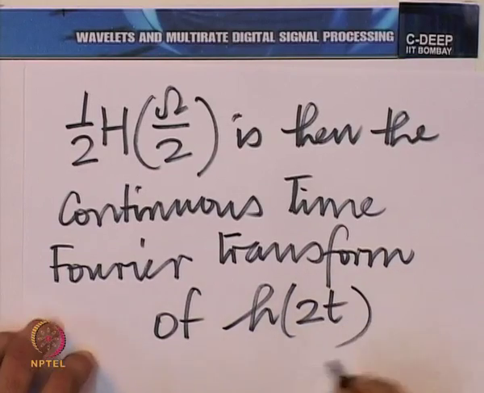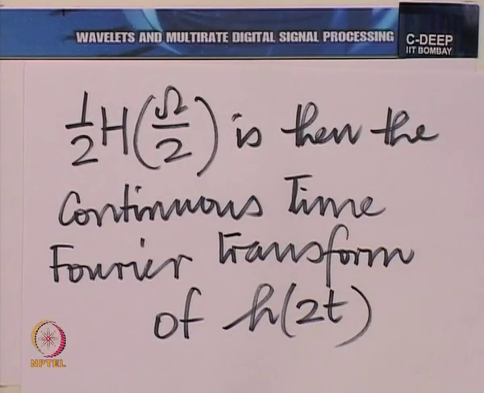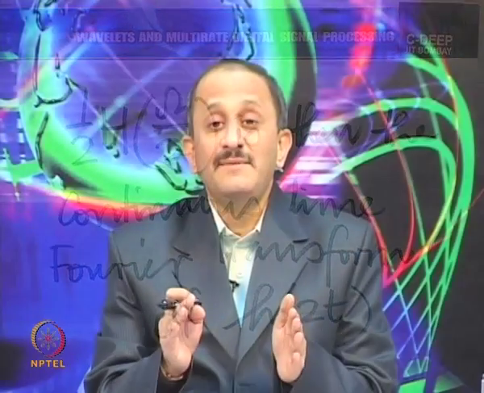That is easy to see, because you have chosen alpha equal to half there. What do you mean by h of 2 t? H of 2 t means you have squeezed h t by a factor of 2 on the time axis, on the independent variable. So, you have brought the impulses closer.